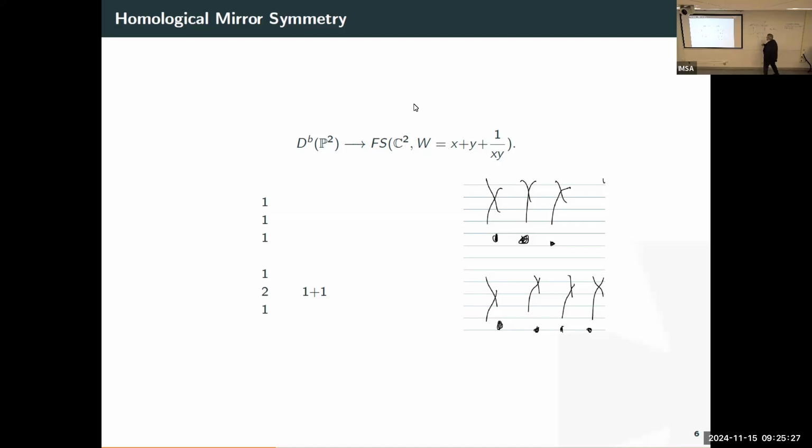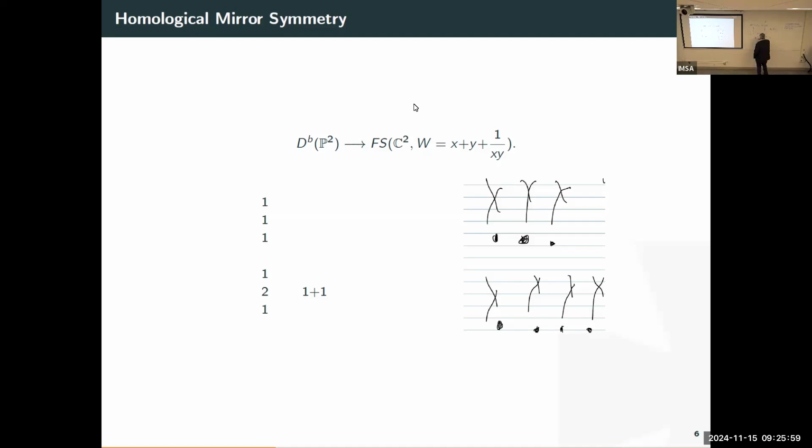This category here consists of so-called Lagrangian thimbles, which are obtained as follows. We take a base point, and we choose paths on the base C. This is the function W. Then we take a vanishing cycle, which we move by homotopy following this path in the base.